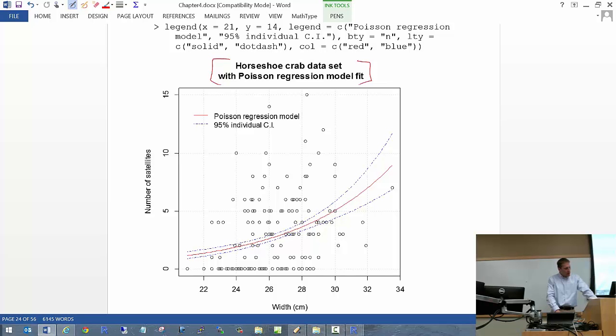I say, first of all, horseshoe crab dataset \n with Poisson regression model fit. So everything after \n goes down to a second line. So it's just a little trick. That \n actually corresponds to what's called an escape character. And you'll see escape characters in various other settings, and this is one.